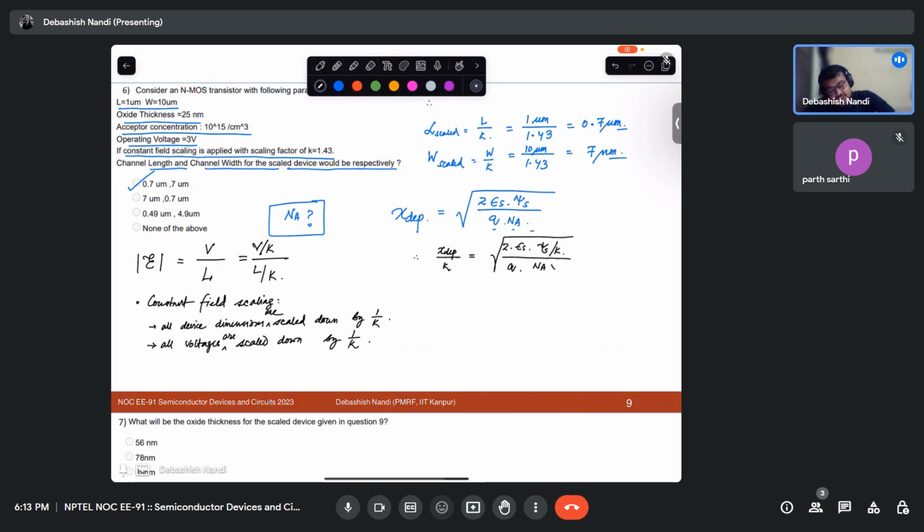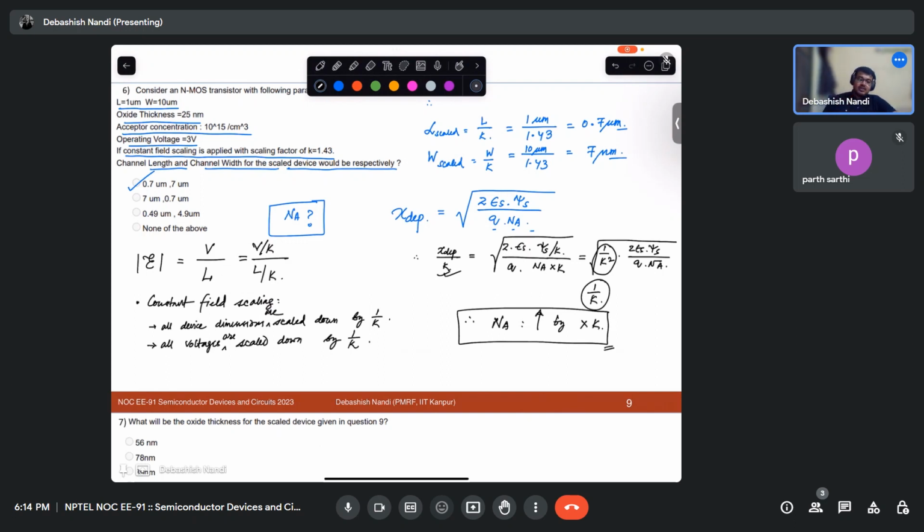NA you need to increase, right? Then it will become root over 1 over K square times 2 epsilon s psi s over QNA. This square root will give you a factor of 1 over K. So in constant field scaling, your NA will be up by a factor of K.